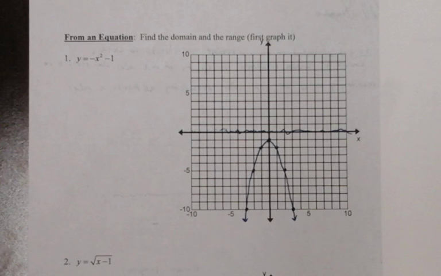Okay, so if we look at question 1 on the back, y equals -x squared minus 1, it says to graph it. So this is what you should get when you type it in the calculator and the graph shows up. It should look something like that.